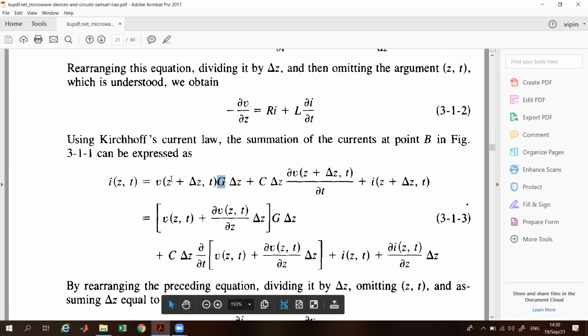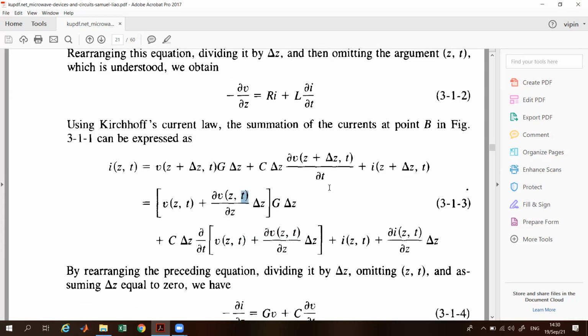So we break this into V(z,t) plus d by dz of V into delta z, due to the length change, which will bring the change. In a similar way, we do the same here: C delta z d by dt is outside, and we expand V(z+delta z) again, so it will be V(z,t) plus d by dz of V(z,t) into delta z.